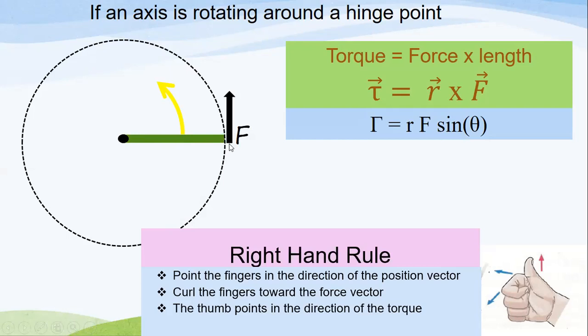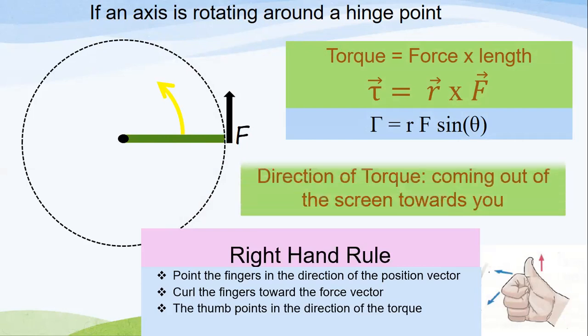Remember, it is the right hand. Keep your 4 fingers towards the force, and then curl your 4 fingers in the direction of the force. What do you see? Is your thumb pointing out of the screen towards you? Then it's correct. If not, please try it again. Your thumb should point in the torque direction.